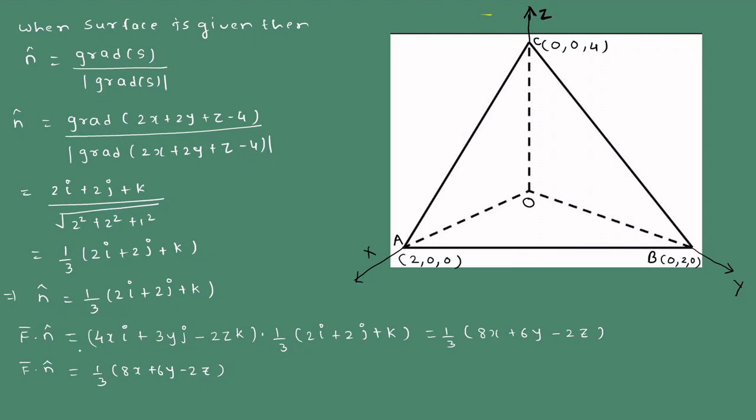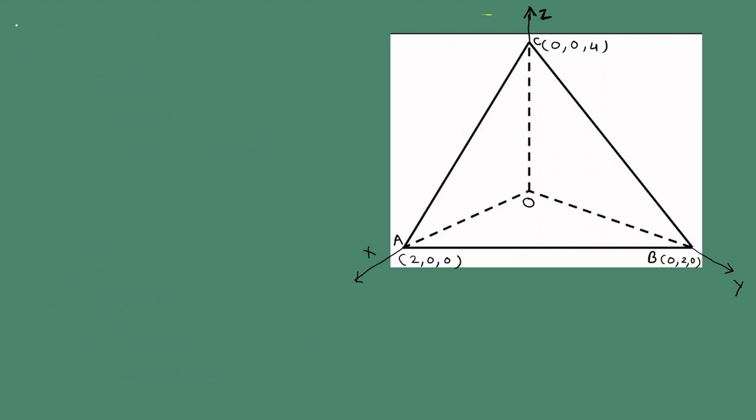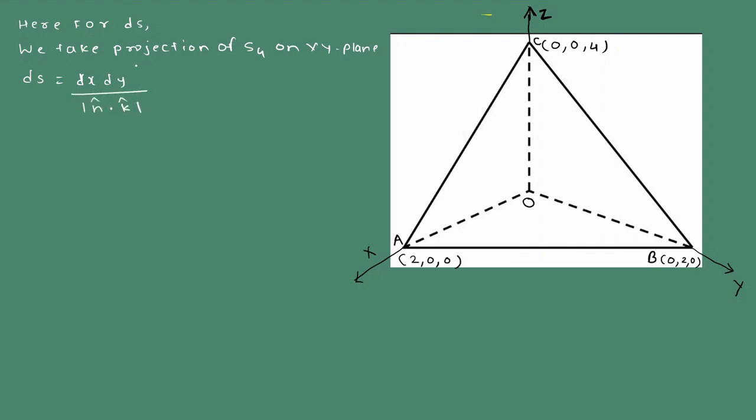Correct. Now here for ds, we take the projection of S4 on the xy plane. So ds is equal to dx dy upon n cap dot k cap. Here we take the projection of S4 on the xy plane.